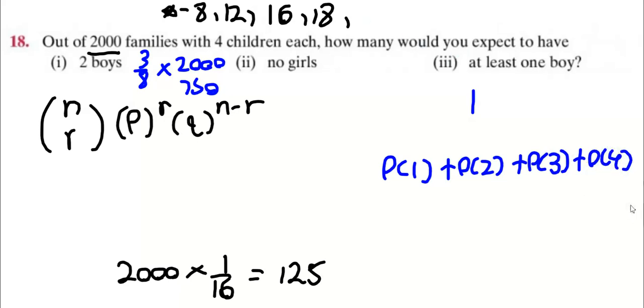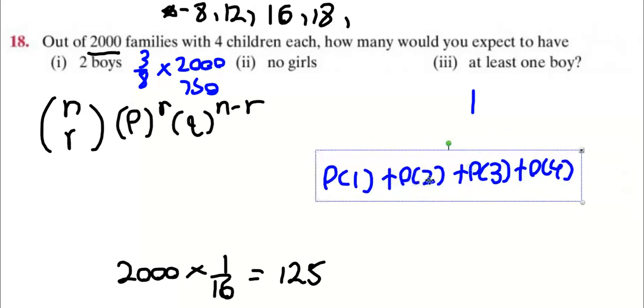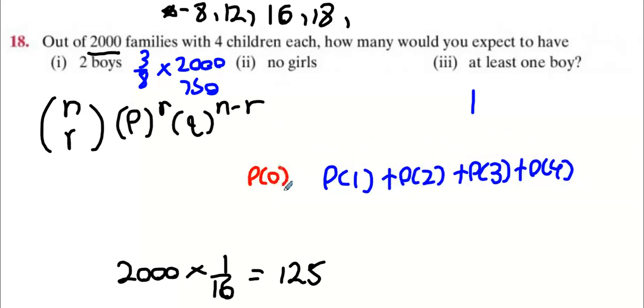Now, I have a trick for you. If I add in P0 over here, and I put a plus sign, what do they all have to add up to? They all have to add up to 1. Why? That's all the probabilities: no boys, 1 boy, 2 boys, 3 boys, 4 boys. What happens if I bring P0 over the other side? So I could just do 1 minus P0 for my answer, can't I? And what's P0? We have it here.